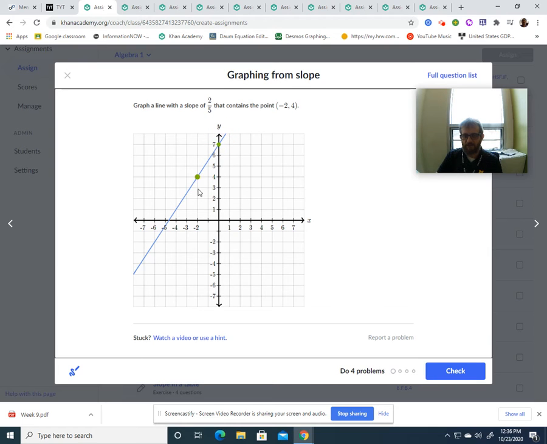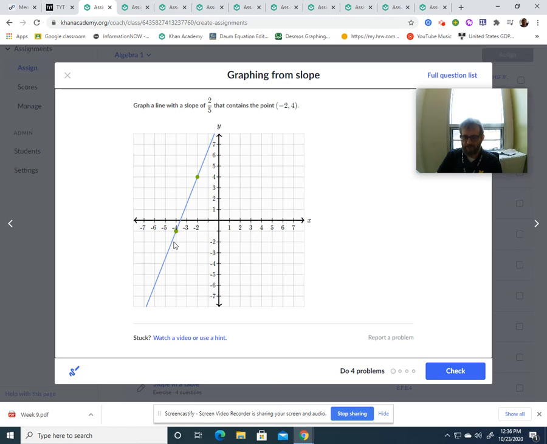So what I'm actually going to do is switch this around. This is why I like to do it this way. I'm going to plot this one here, so that's negative 2, 4. Now, instead of going 2 right and 5 up, I'm going to go 2 left and 5 down. 1, 2, 3, 4, 5.